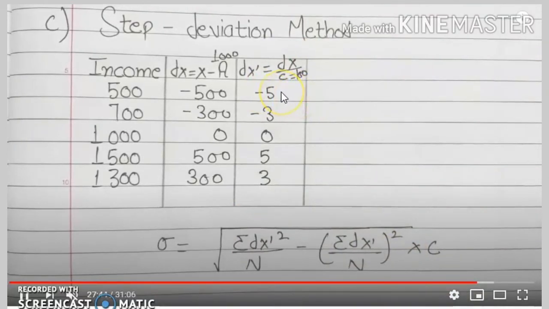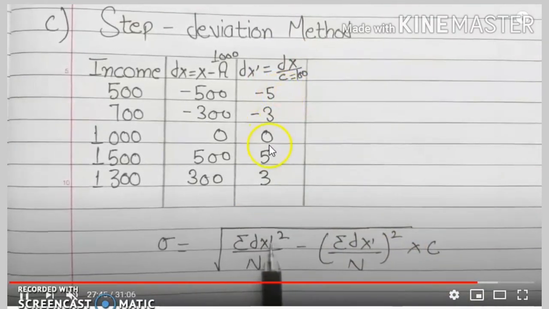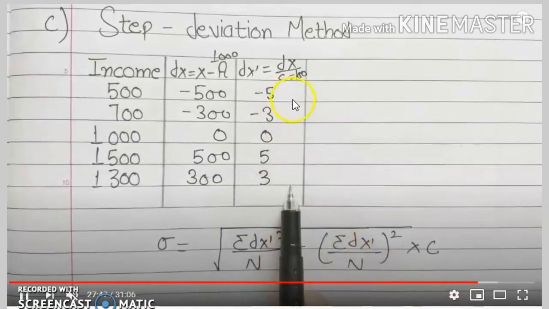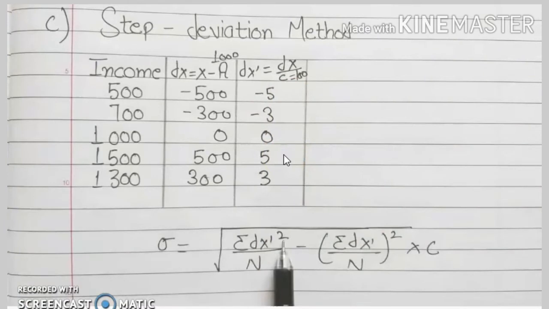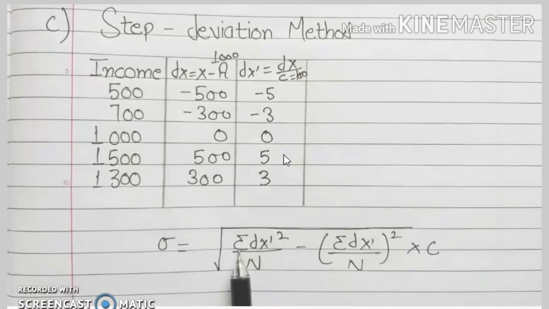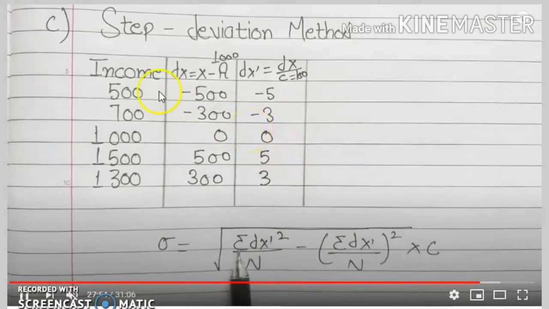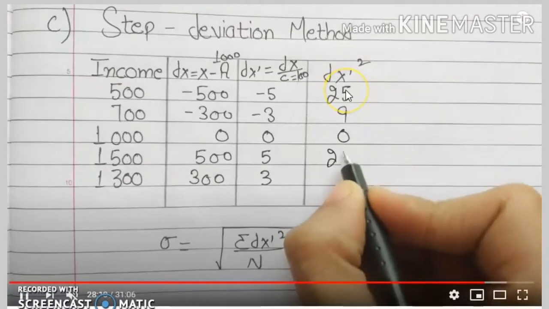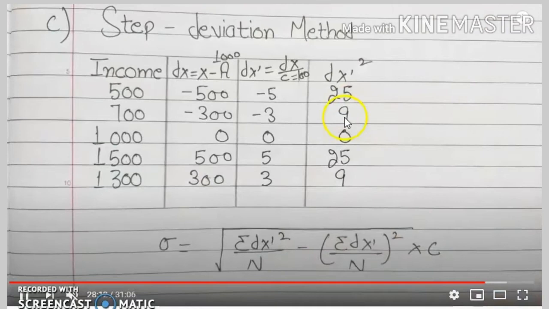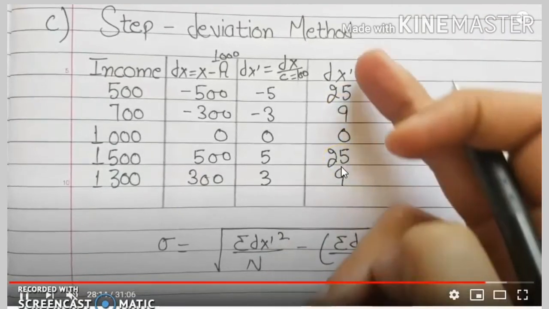Then you have to find the total of this. Sigma dx dash has to be found also. So next you will be finding the answer. So you will be getting dx dash square as 25, 9, 0, 25, 9 is the answer.